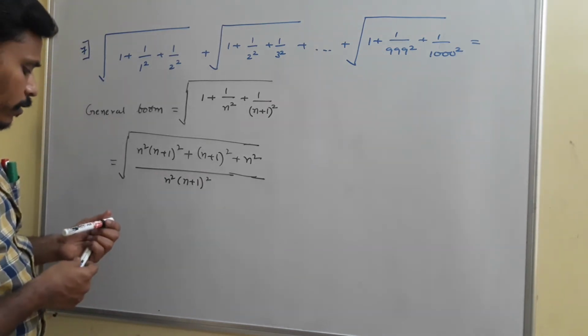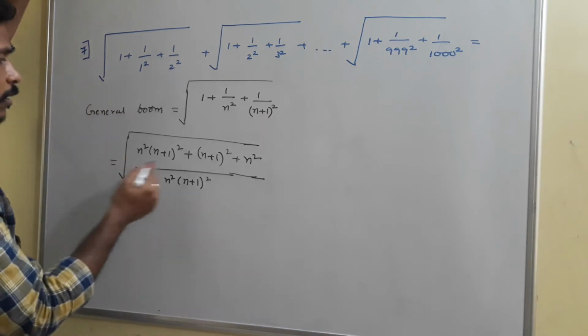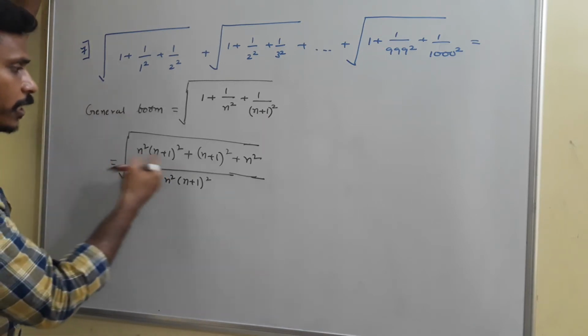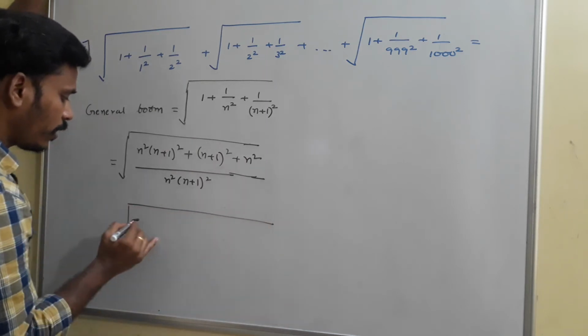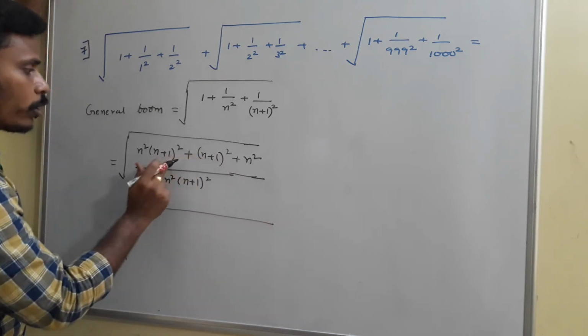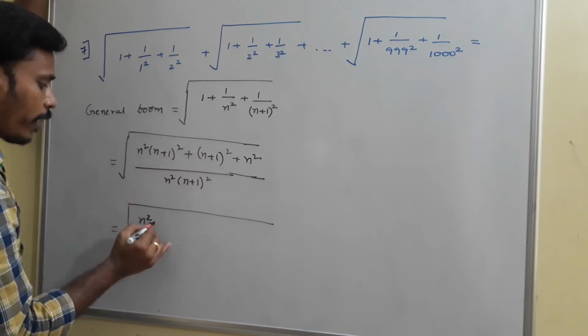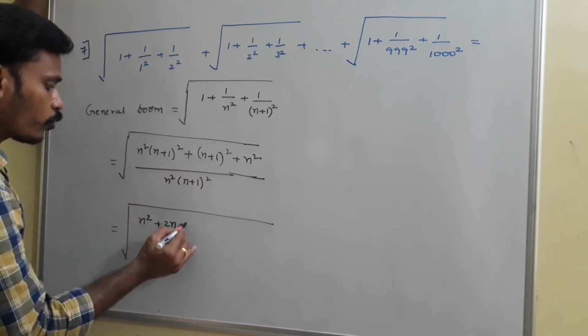How can I simplify? For the part of simplification, first of all, I just multiply everything. Under the square root, n square into n plus 1 whole square is a common thing for these two. So n plus 1 whole square is n square plus 2n plus 1.